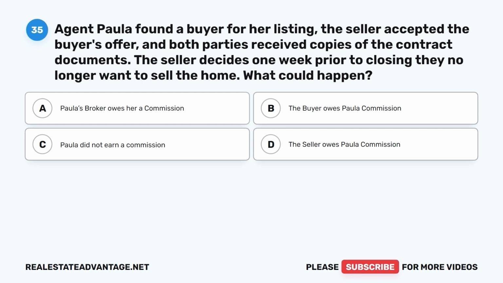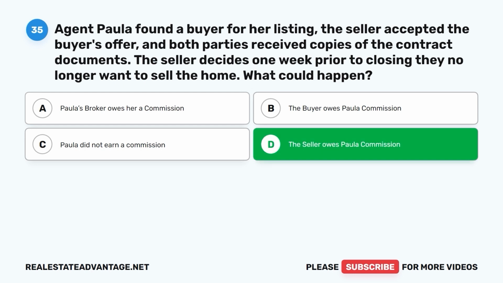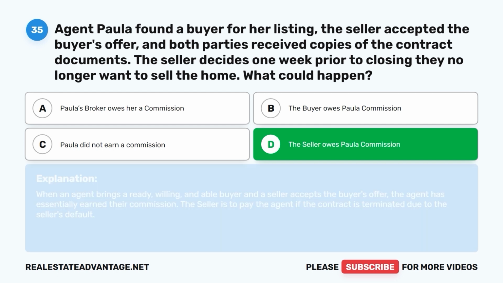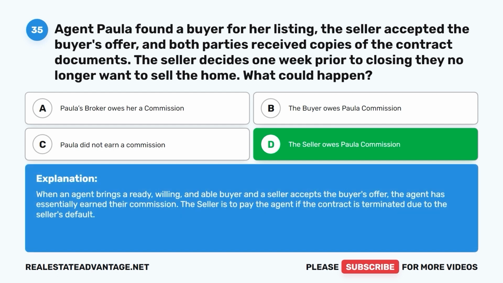C. Paula did not earn a commission. D. The seller owes Paula commission. The correct answer is D. The seller owes Paula commission. When an agent brings a ready, willing, and able buyer and a seller accepts the buyer's offer, the agent has essentially earned their commission. The seller is to pay the agent if the contract is terminated due to the seller's default.